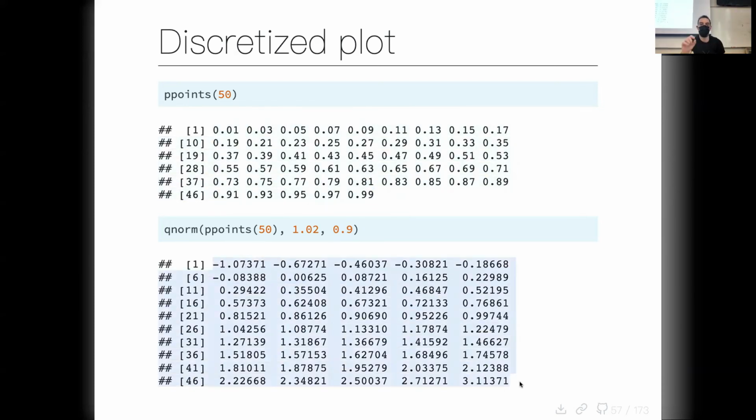These estimates are the actual estimates of the amount that each party would win by. So we're saying there's about a 1% chance that the yellow party would win by 1.07 points. There's also about a 1% chance that the blue party would win by 3.11 points.